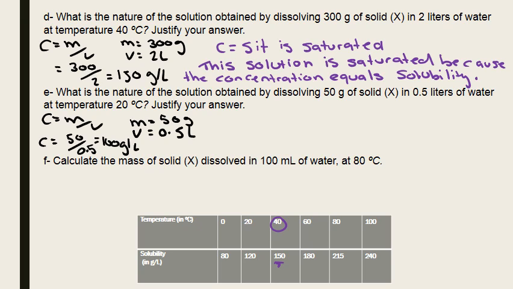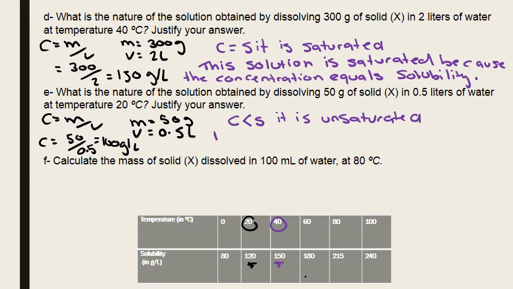Remember, we said, so we look at 20 and we've got 120 is the solubility. Remember, we said that when concentration is less than solubility, then it is unsaturated.